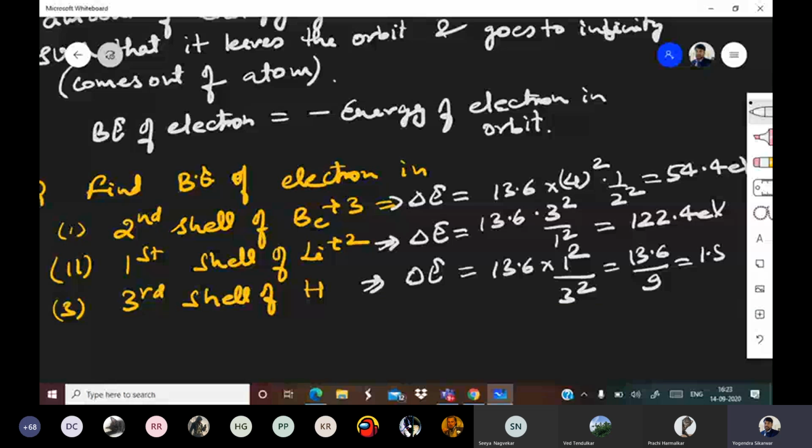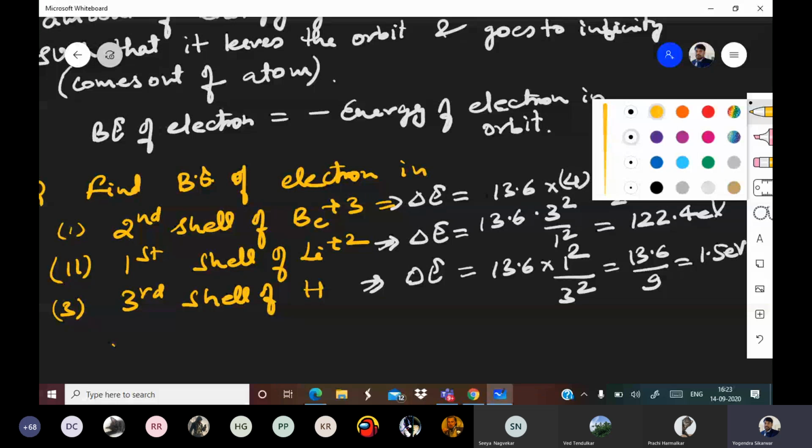Okay, everyone. So it is very clear. You can also write that binding energy of an electron is always positive.